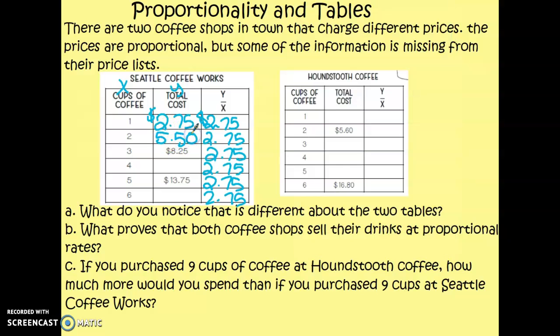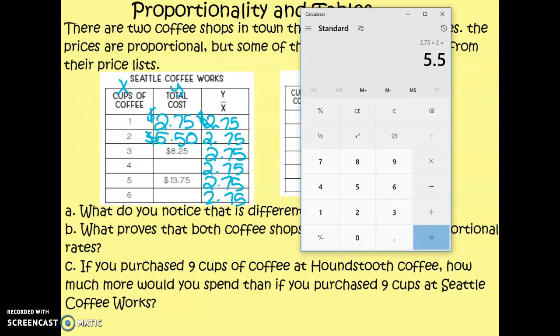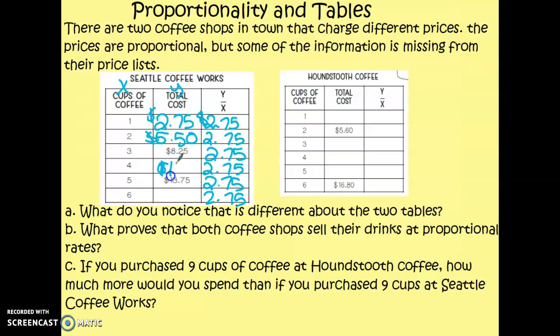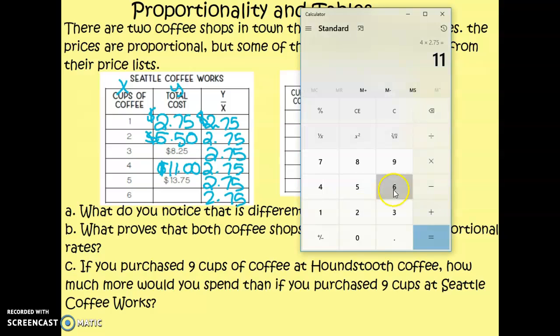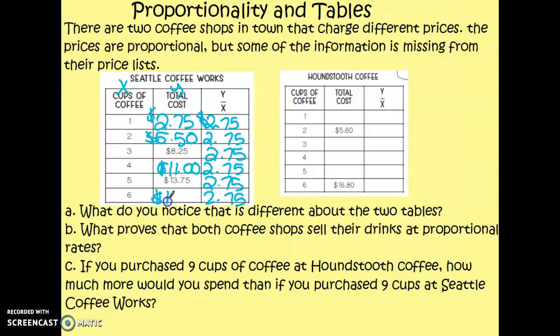Okay, add that extra zero since we're talking money. Okay, then we've got $8.25. Then we've got 4 times $2.75, which is $11. And then we have 6 times $2.75, which is $16.50.